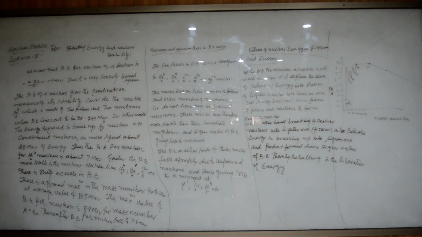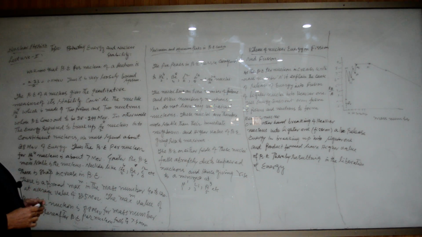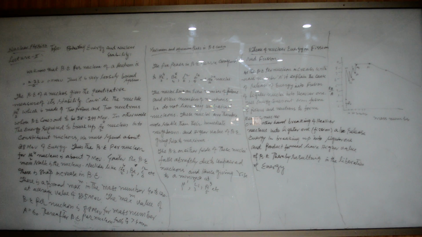Along the x-axis mass number is taken, while along the y-axis binding energy per nucleon is taken. This curve explains that some nuclei have a very high binding energy and some have a very low binding energy per nucleon. Why it is so? It will also be explained in this lecture, inshallah.